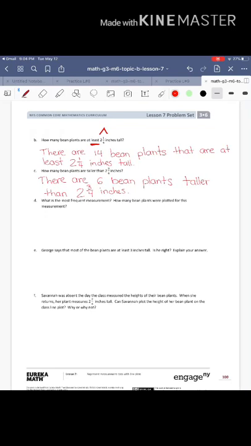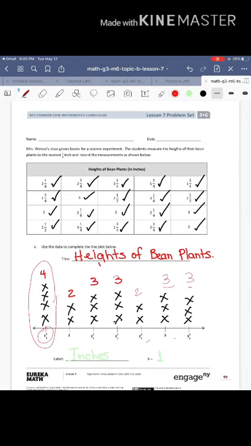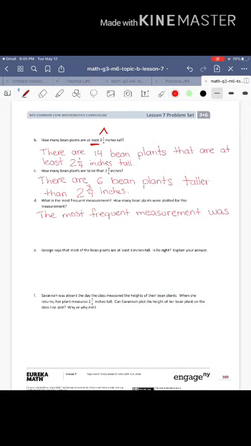What is the most frequent measurement? How many bean plants were plotted for this measurement? The most frequent measurement was, let me make sure, 1 whole and 3/4. 1 whole and 3/4 inches.